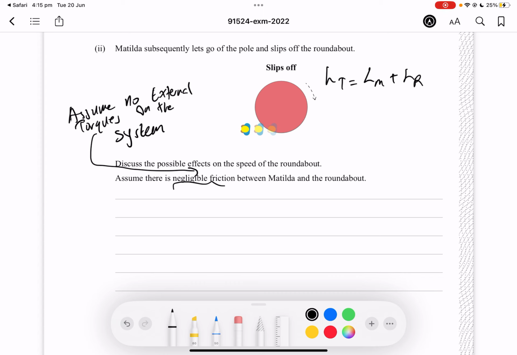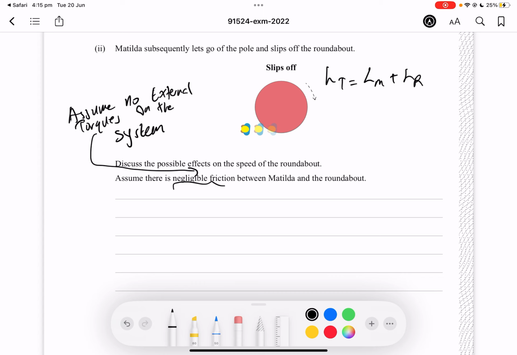And you can imagine that to be the case, because if Matilda and the roundabout were not traveling at the same angular velocity, we would expect there to be some sort of accident, where Matilda might just fall over. So the roundabout and Matilda will be having the same angular velocity, but they might have different angular momentums, and the sum of those will be equal to the total angular momentum of the system.